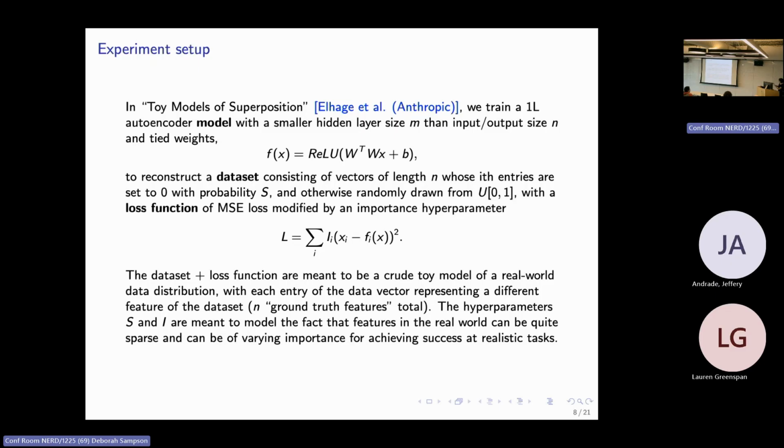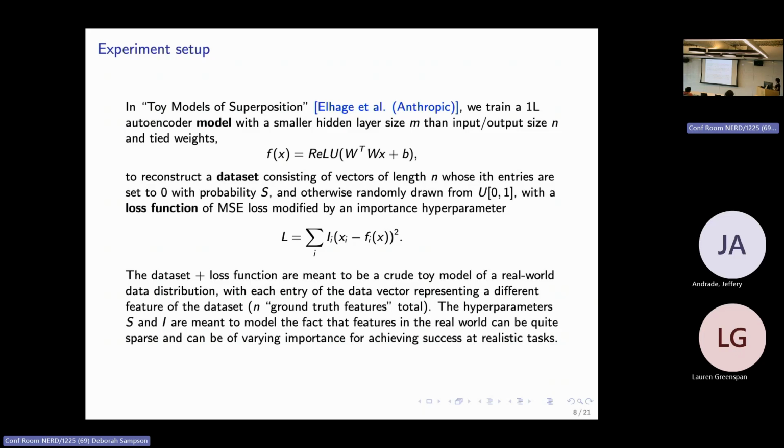So this first experiment is this famous toy model that people in the MacInterp community like, from a 2022 paper by Anthropic. In this experiment, we train a one-layer autoencoder with tied weights and a smaller hidden layer size than the input and output size, to reconstruct a synthetic data set consisting of vectors of length n, where the ith entry of each vector is set to 0 with some probability s, a hyperparameter we pick, and otherwise randomly drawn uniformly between 0 and 1.